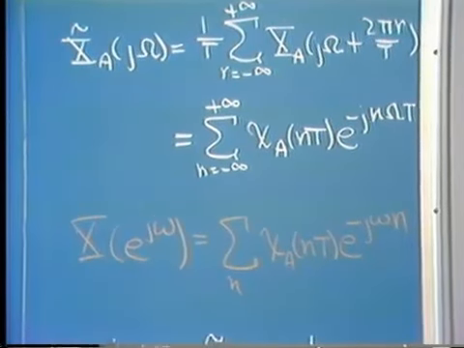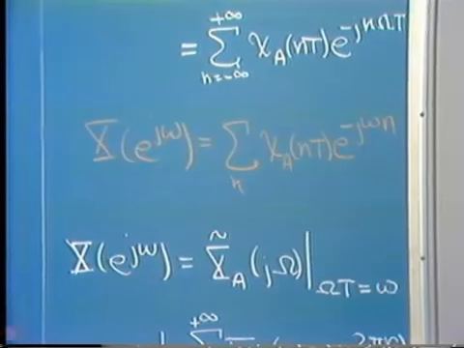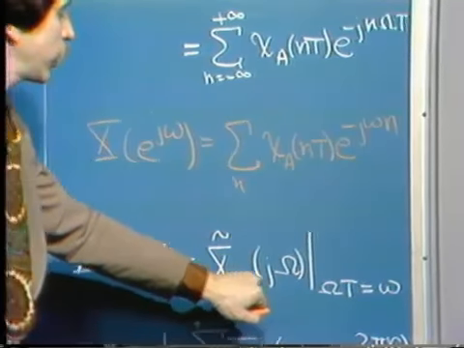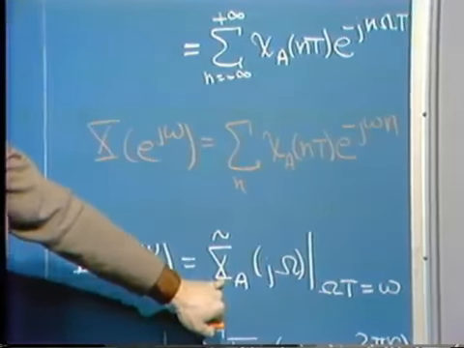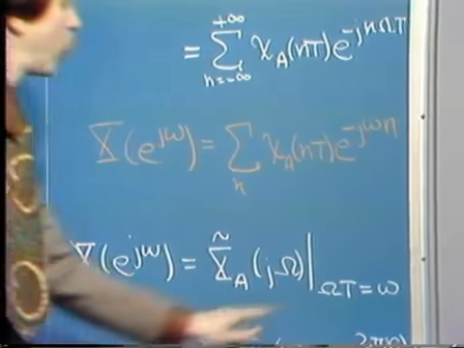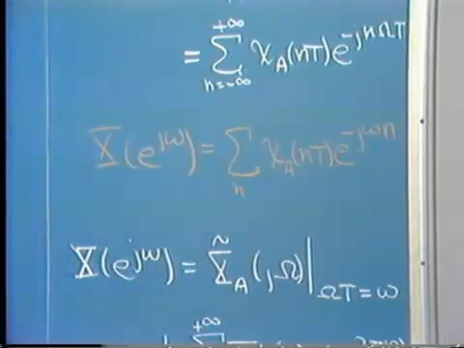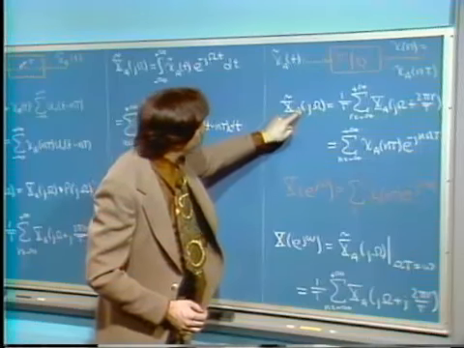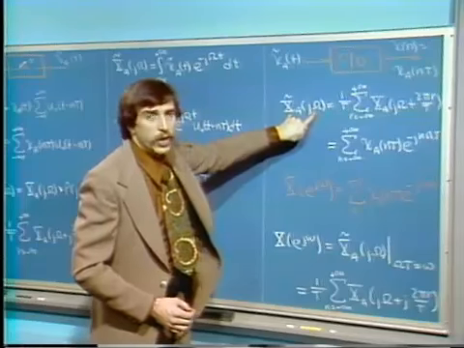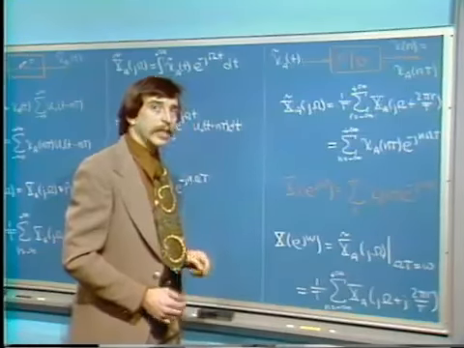Consequently, we can say that the discrete time Fourier transform is equal to the continuous time Fourier transform of the impulse train, with capital omega times capital T equal to little omega. And we had another expression for the Fourier transform of the impulse train, which we derived here.